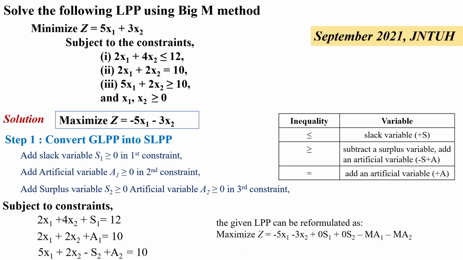Moreover, the cost coefficient for the slack and surplus variables is 0 and for the artificial variables the cost coefficient is minus M. Then the objective function will become maximize z equal to minus 5x1 minus 3x2 plus 0s1 plus 0s2 minus M a1 minus M a2, where x1, x2, s1, s2, a1, a2 are all greater than or equal to 0.